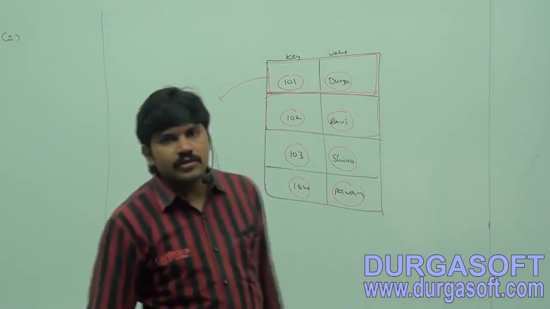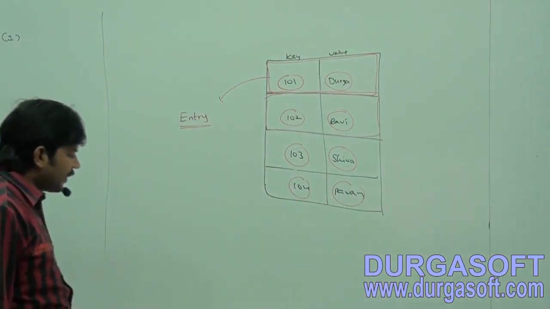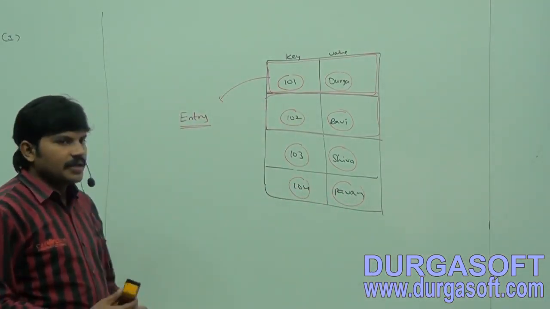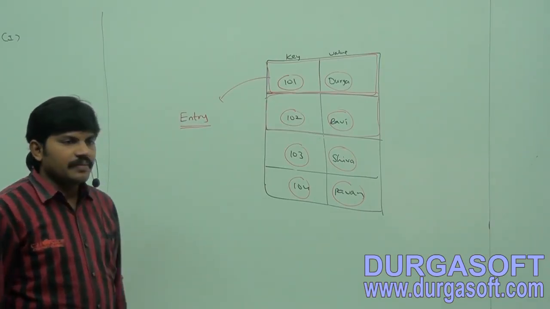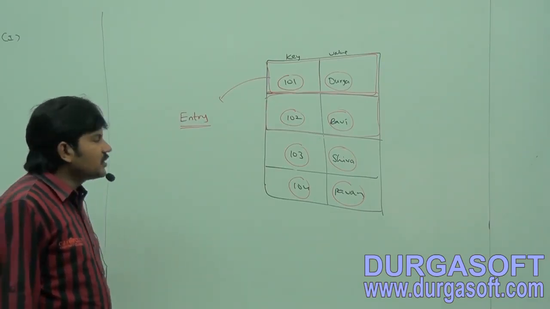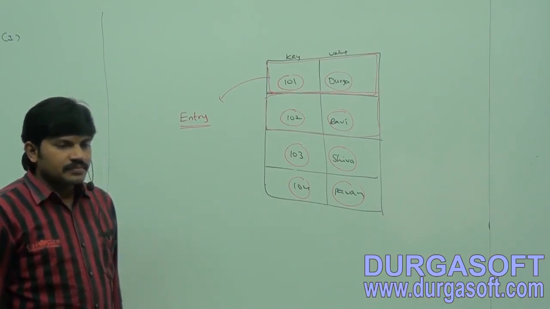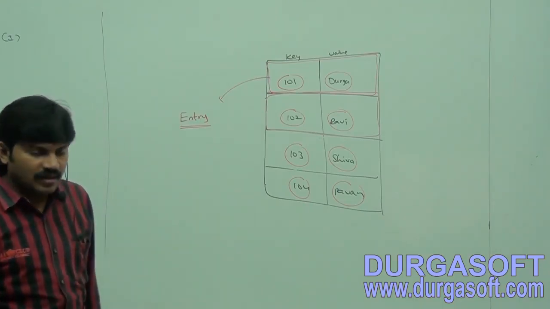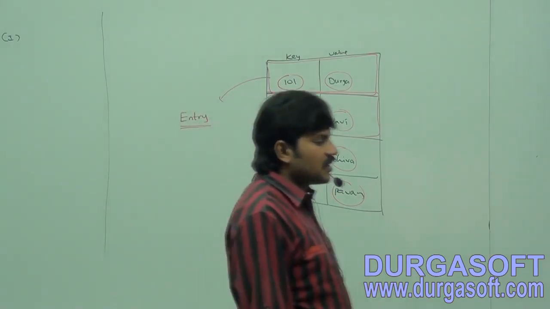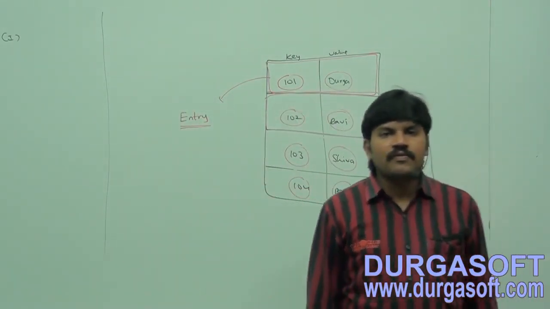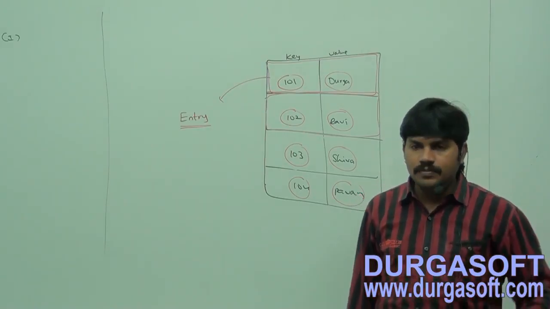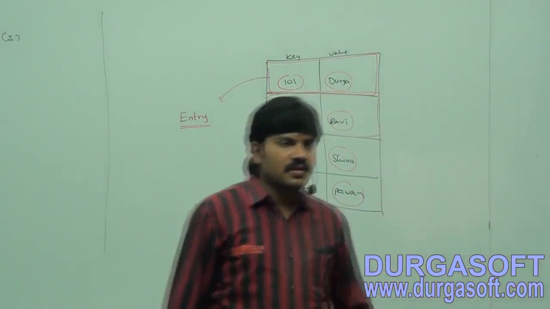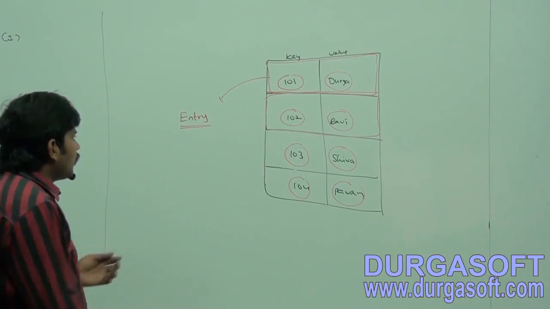Hence, map is considered as a collection of entry objects.